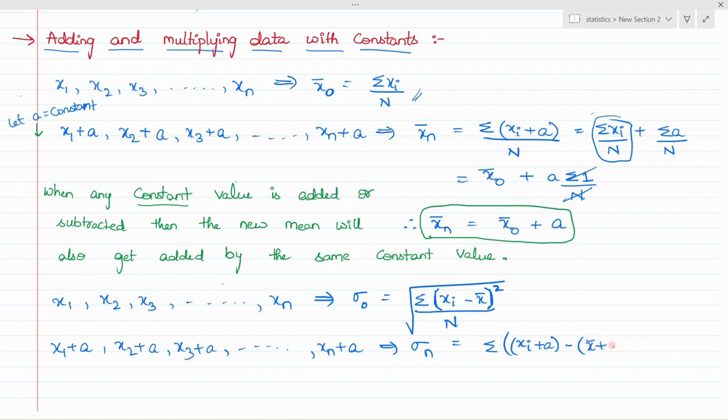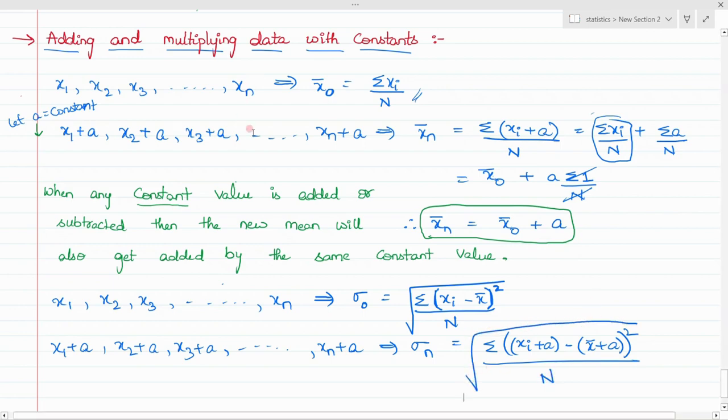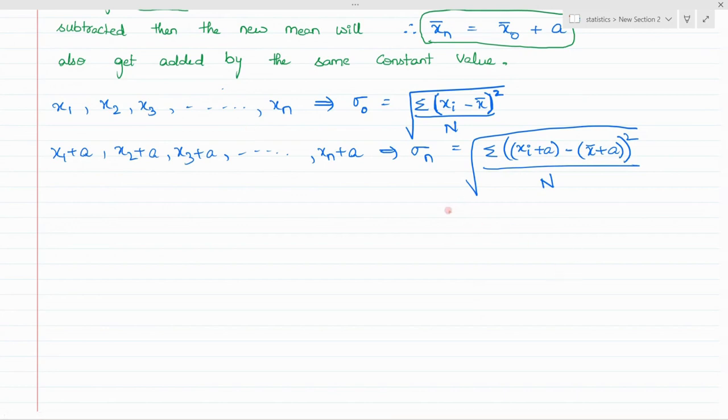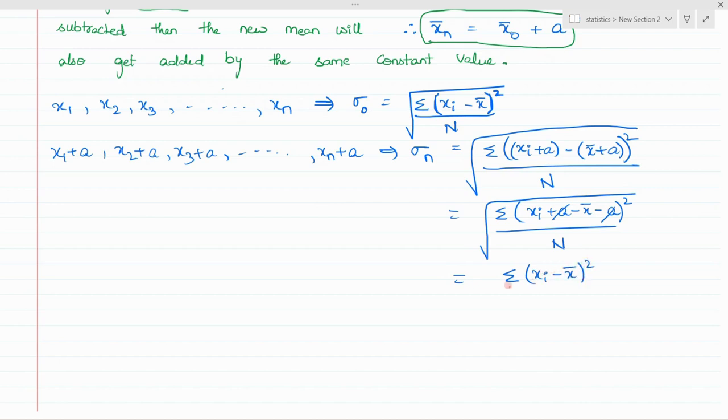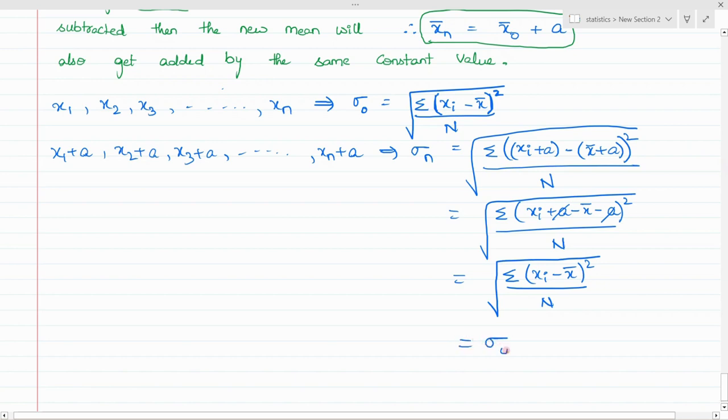So it becomes x bar plus a, whole square upon n, under root. Now, if you simplify it, sigma xi plus a minus x bar minus a, whole square upon n. Now this a and this a will get cancelled. So it remains with sigma xi minus x bar whole square upon n under root. So it is nothing but the original standard deviation itself.